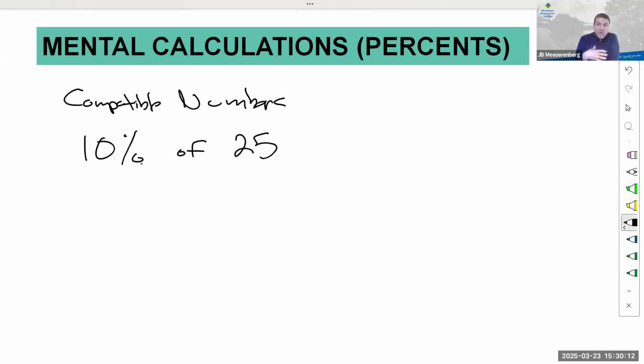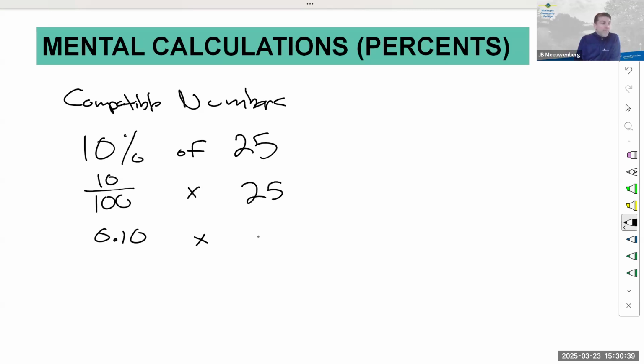We just saw a whole video about taking a percentage of something. And so 10% could be thought of as 10 out of 100, or it could be thought of as the decimal 0.10. And when we're taking a percentage of something, again, we could set up proportions, but what we end up doing is multiplying.